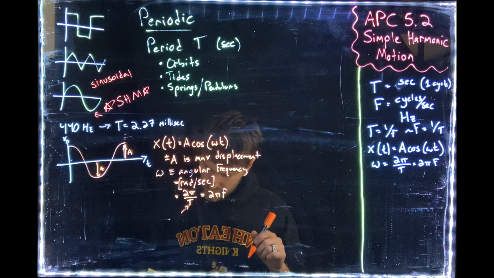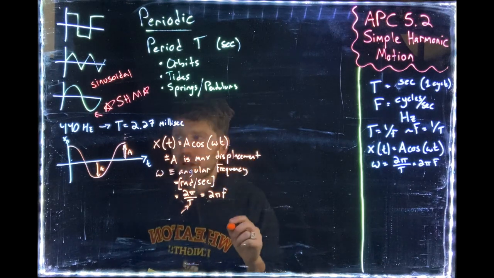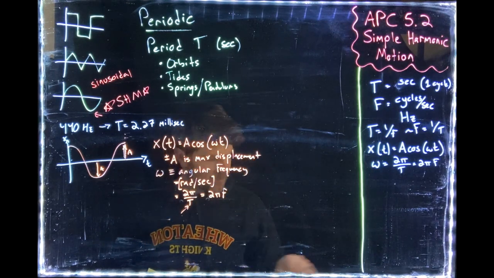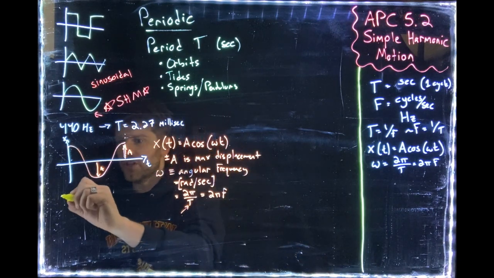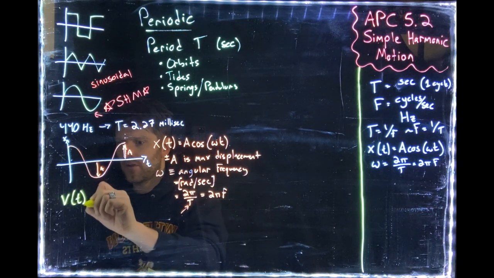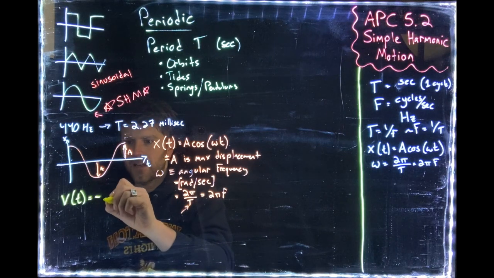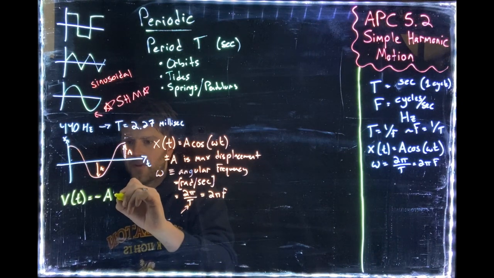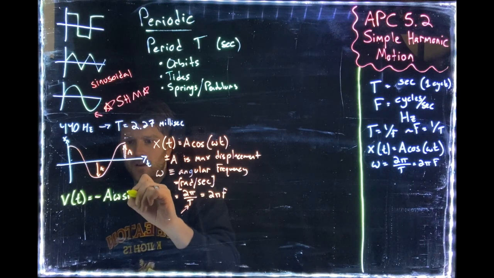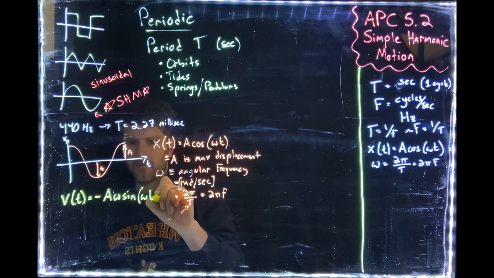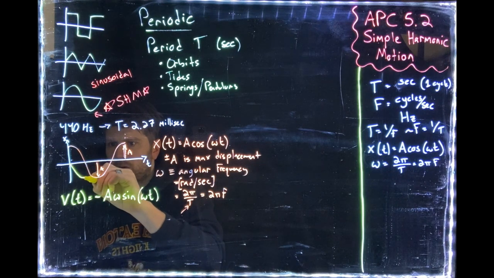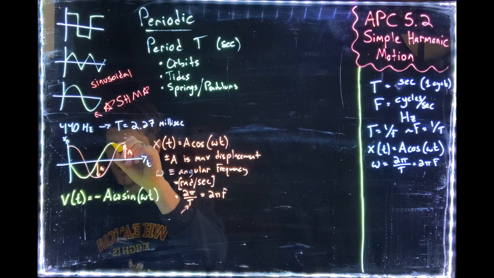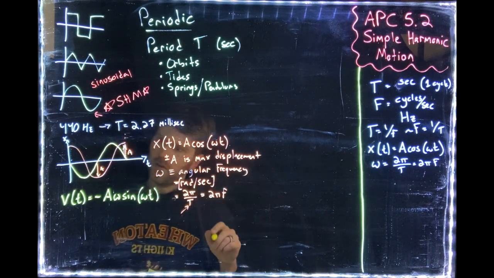So yeah. Now we could find the velocity function here just by taking a derivative. So I'd get negative A omega sine omega t. So in this case, we'd get something that would look like this for our velocity.